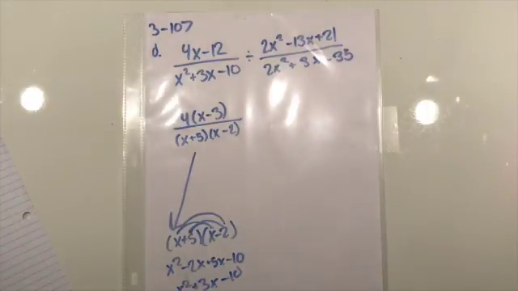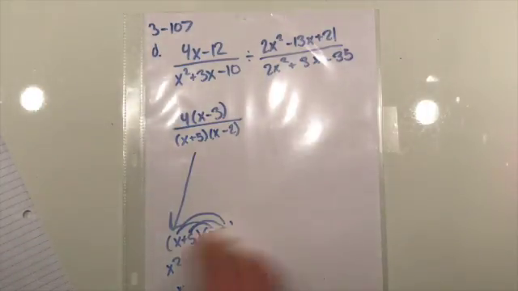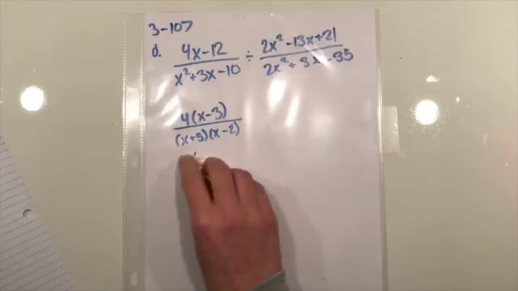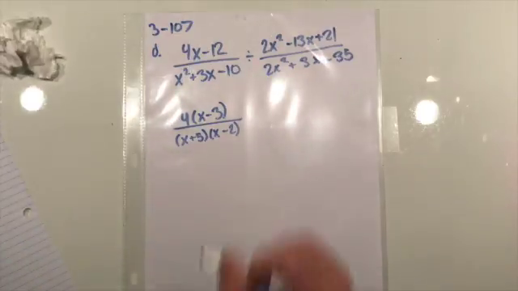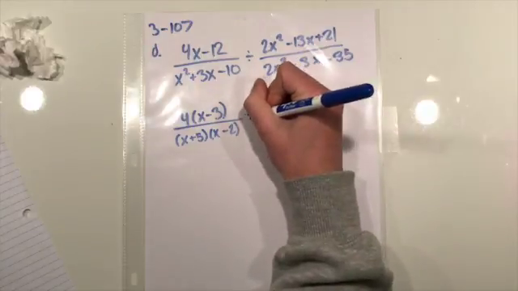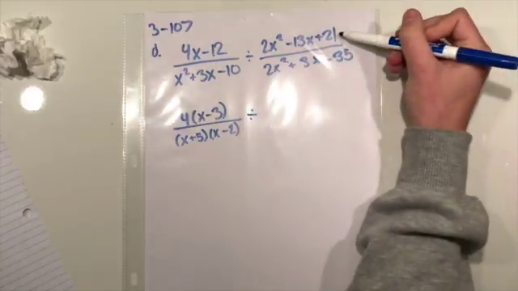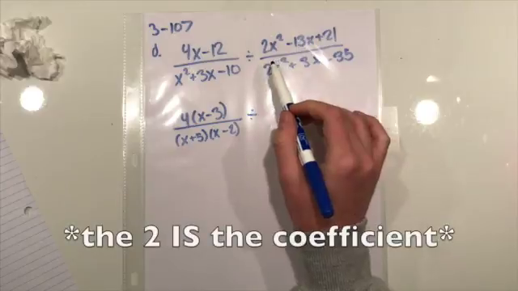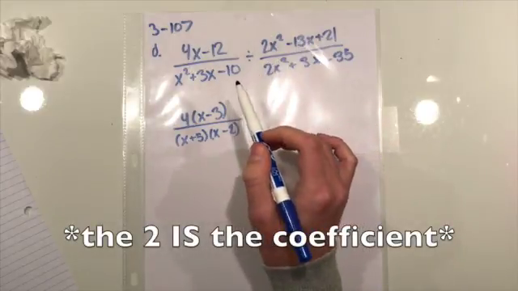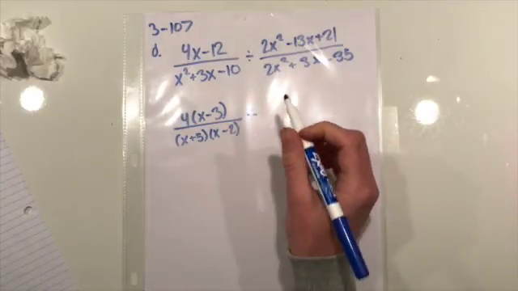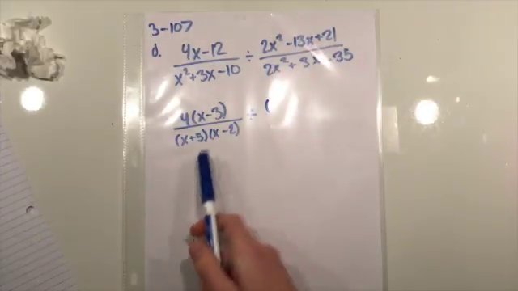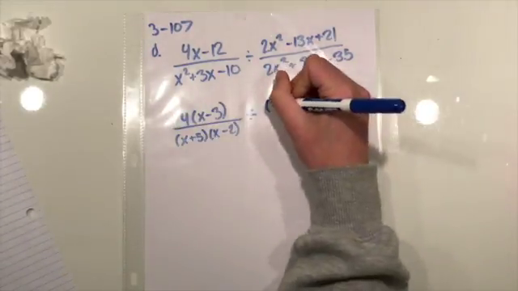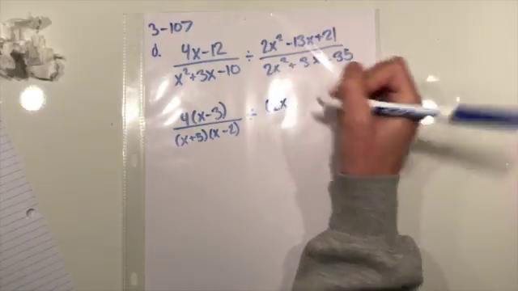I'm going to erase this. We're going to keep the division symbol and simplify the next one. There's a 2 as the coefficient in front of the x squared, so we need a 2x in the factored version.